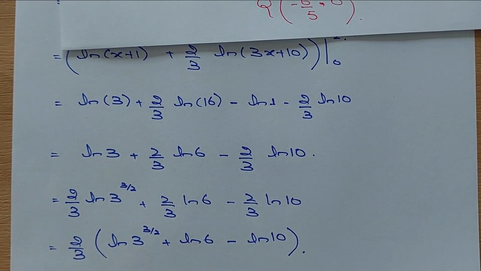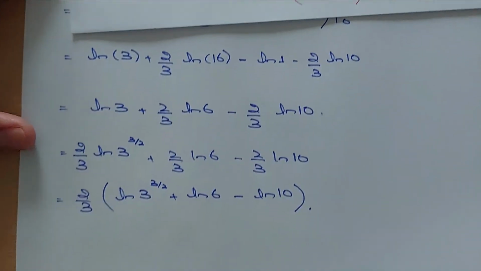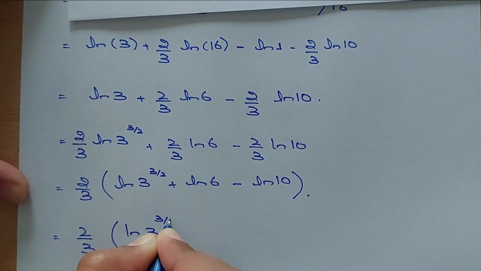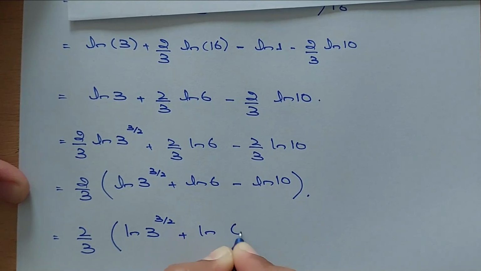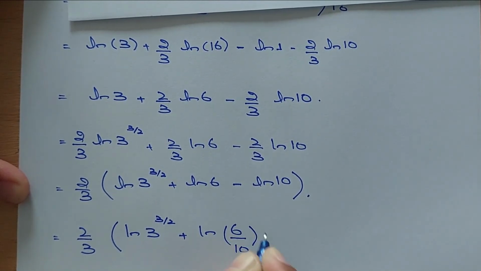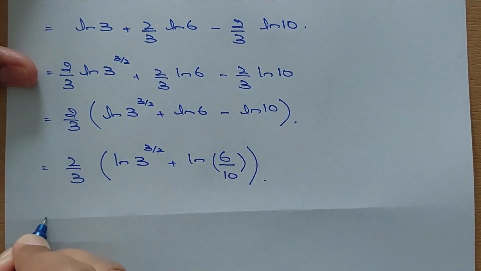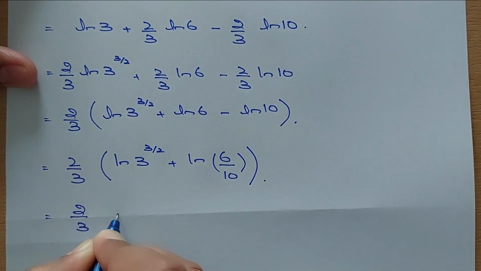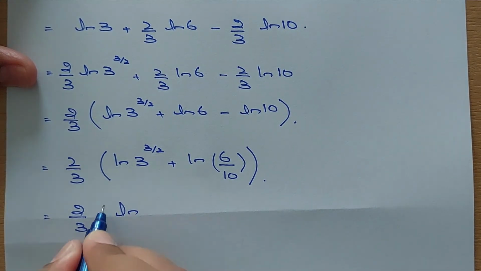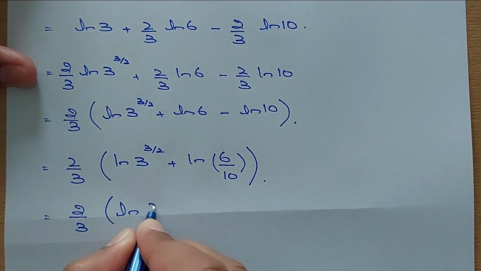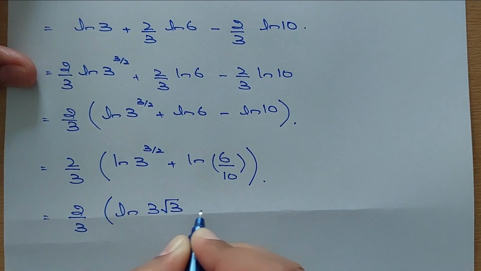Right, okay, so this is a subtraction, so we need to divide this. So 2 by 3 natural log of 3 power 3 by 2 plus natural log of 6 by 10. Right, so this is 2 by 3 natural log of 3 power 3 by 2, which is 3 power 1 times 3 power 1 by 2. 1 plus 1 by 2 is 3 by 2, so we can write it as 3 square root of 3.